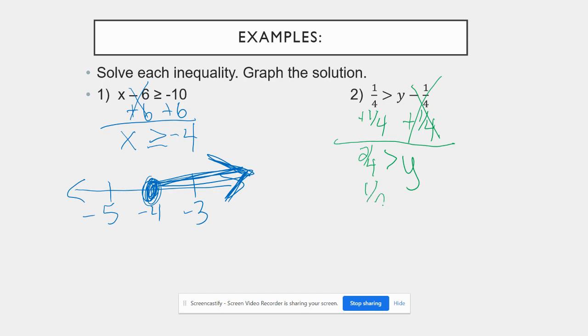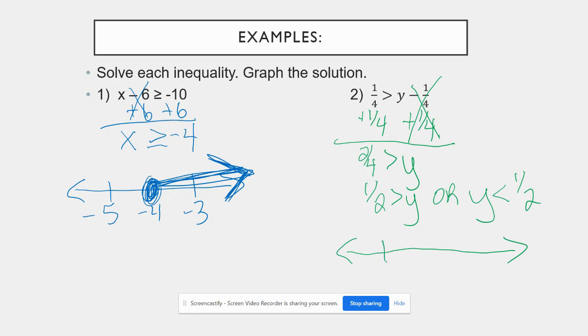We reduce that 2/4 to 1/2, because remember, we always want our fractions to be in simplest form. We can leave this like this, or if we like to have the variable on the left side, then we just pick it up and flip it over. We just make sure that the inequality is open to the same value. Over here, the inequality is open to the 1/2, and over here when we rewrote it, it is also open to the 1/2.